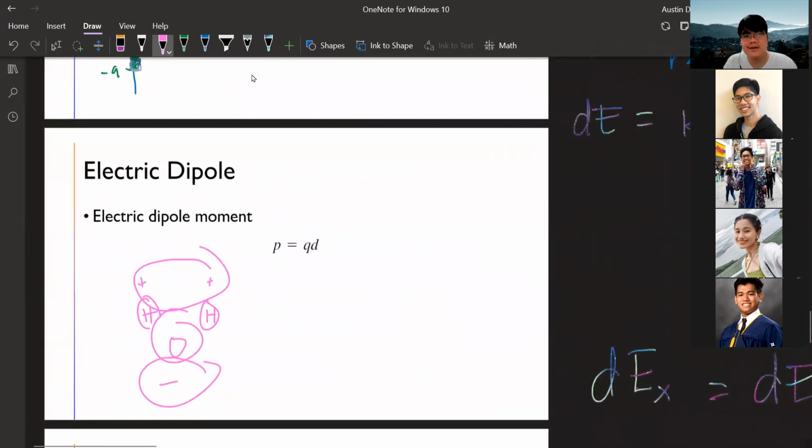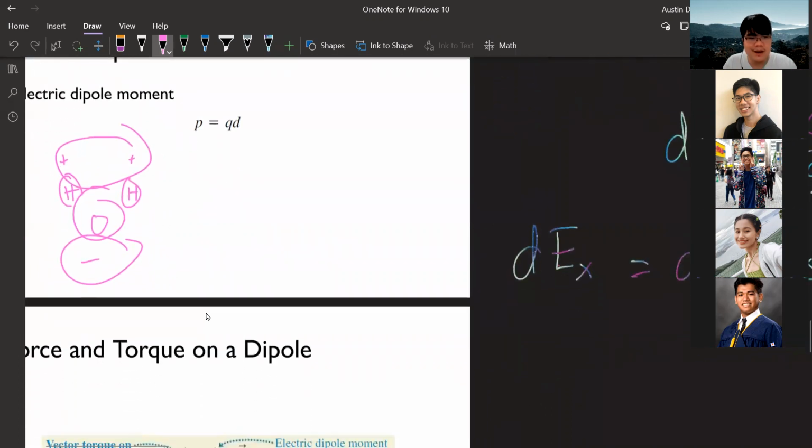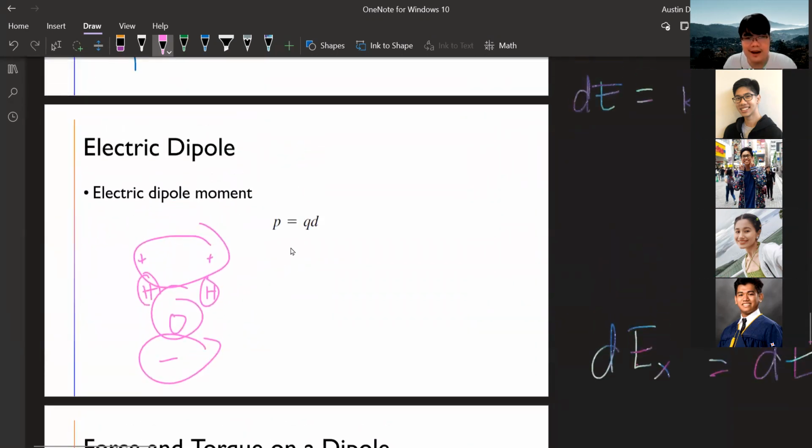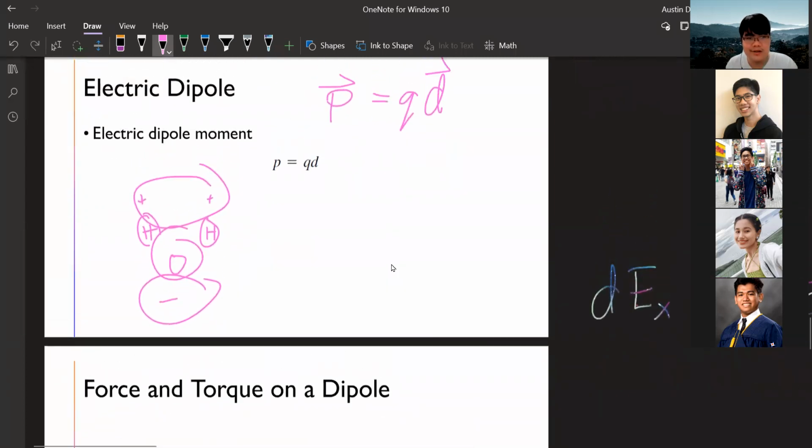Meron kang ganyan. So model mo siya as a dipole. So ano ba yung dipole na yun? So yung dipole could be characterized as p. Okay, this is a vector p. Tapos yung vector niya nasa distance d. Okay, so yung d would be the distance between two charges. Okay, so yung dipole ay two charges.